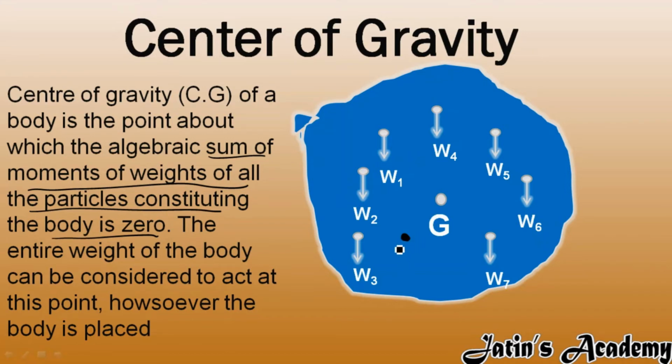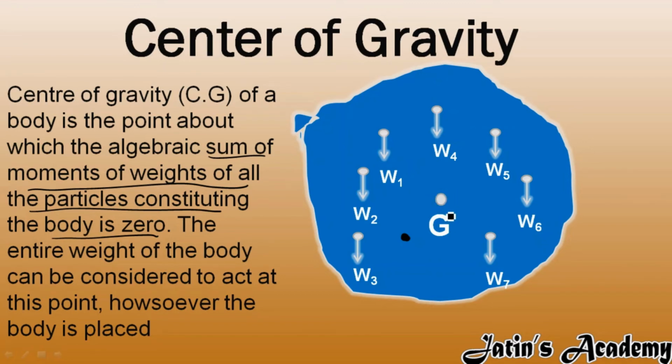I have to consider the center of gravity at that point where the sum of anti-clockwise moments and the sum of clockwise moments must be 0. We know that anti-clockwise moment is taken as positive and clockwise moment as negative. So when negative and positive counterbalance each other and the answer becomes 0, that point is called the center of gravity.